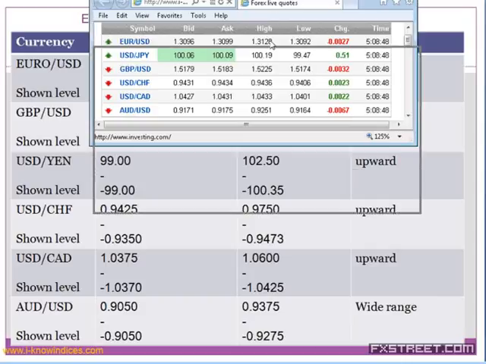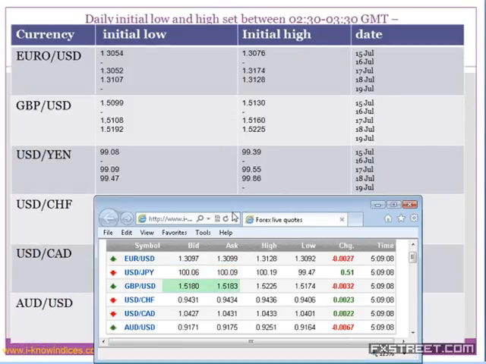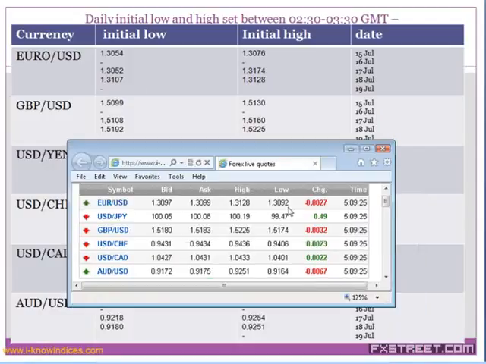So we will just refer to the initial lows and highs and see what they are trying to do in the market. Now the initial low in the case of euro today was 1.3107, and they just breached it and formed 1.3092 about half an hour back, and there is about 15 pips of downward stop, and they have to come above 1.3107.